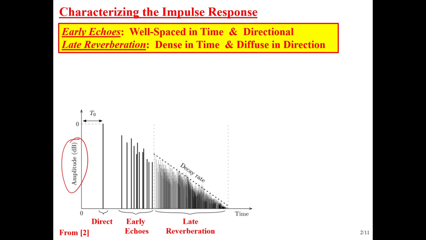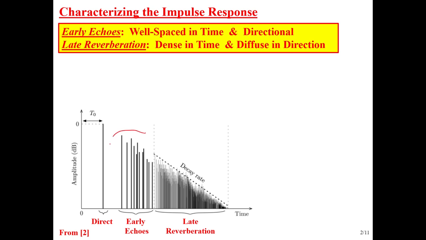So one is that we get a direct term, and this amount of delay here is irrelevant to us, because in a recording or in a live setting, we don't really need to mimic that aspect of it. But then the distance from the direct till when you get the first reflection, that's important. That has something to do with the size of the room. The bigger the room, the longer that is.